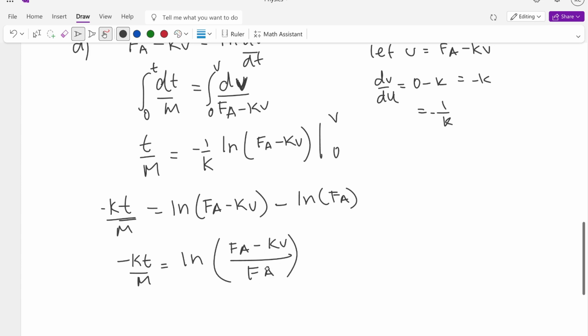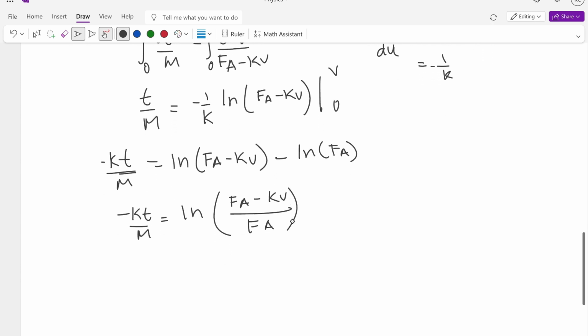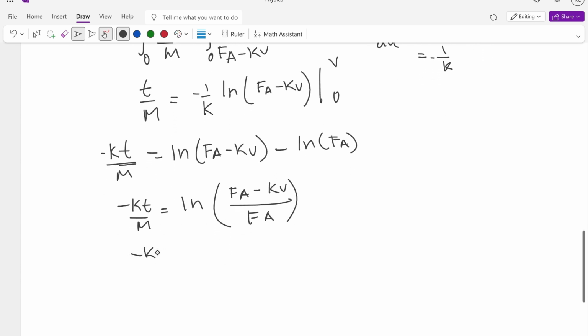Now since we have a monomial in the denominator, a single term, we can break the fraction up a little bit. So negative kt divided by m is equal to natural log of f a divided by f a minus kv over f a.